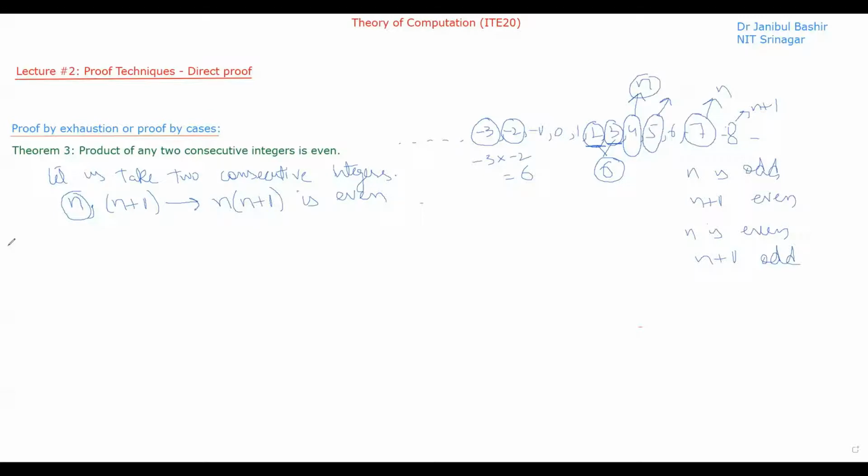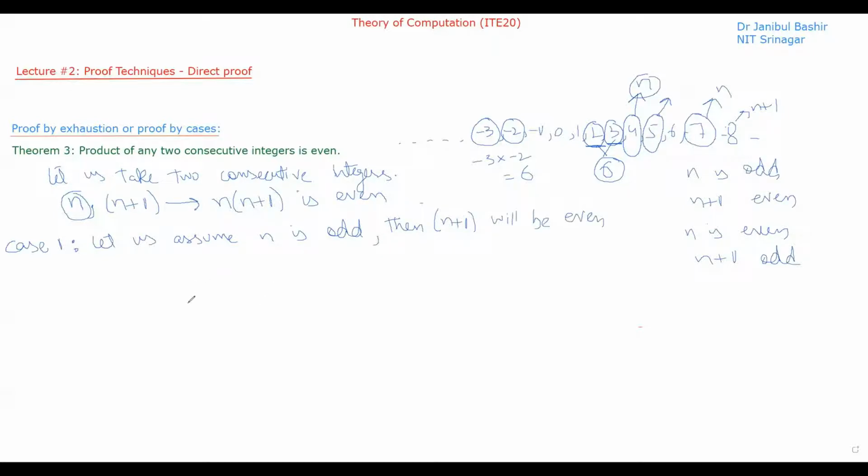So let's take case 1. What is case 1? Let's assume n is odd. So if n is odd, what will be n plus 1?